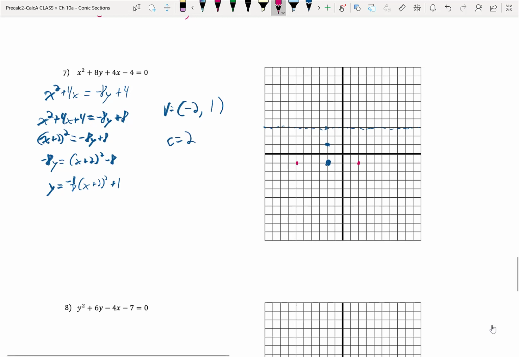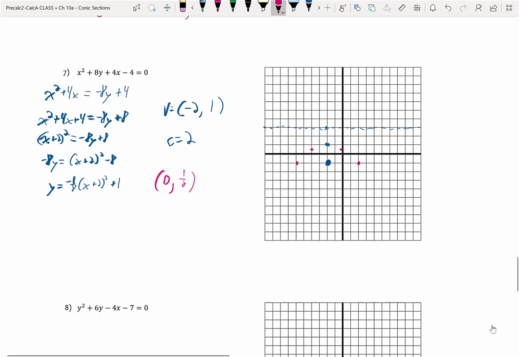I know it has a y-intercept at, if I plug in 0 for x, I get -1/2 plus 1, so that's 1/2. The 0, 1/2 is a y-intercept, and opposite the axis of symmetry is the same corresponding point.